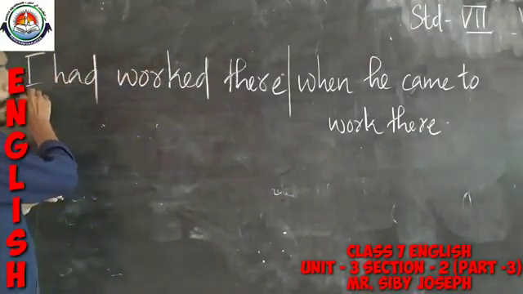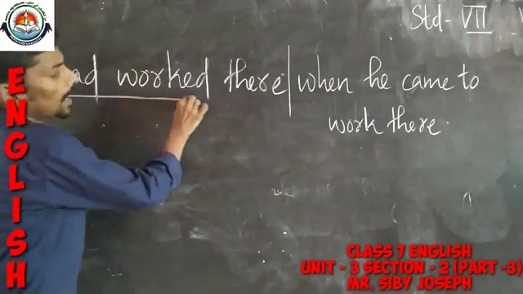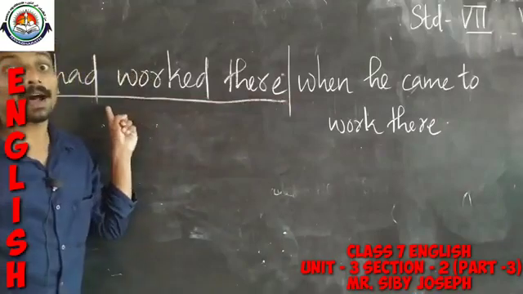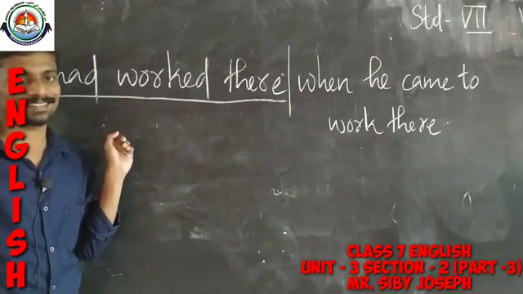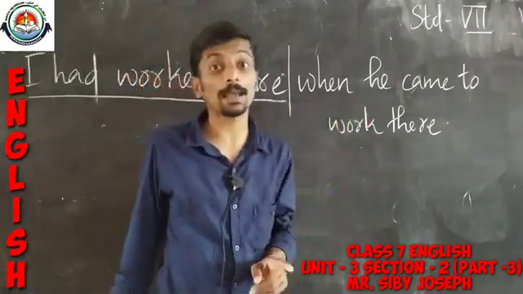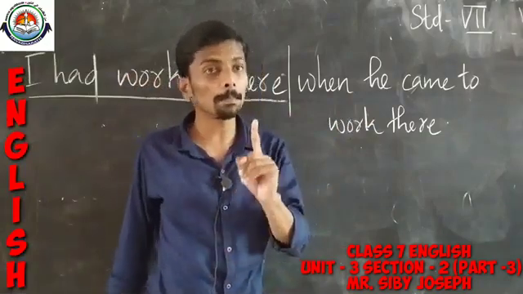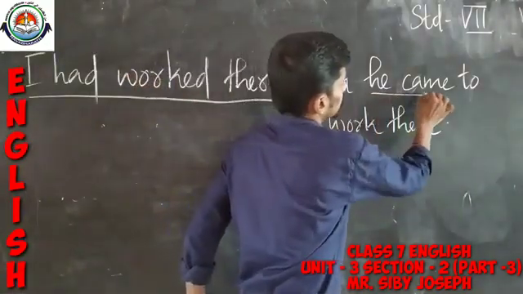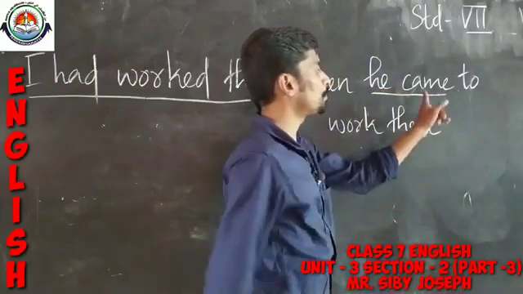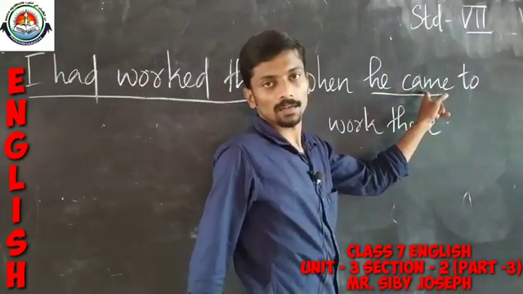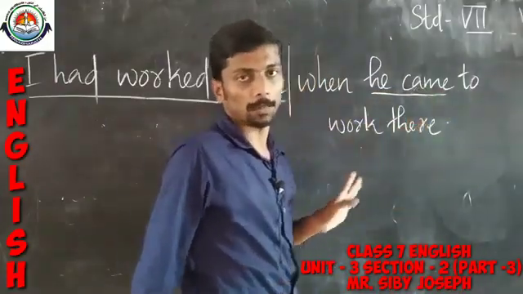The first portion is an example of past perfect, and the second is an example of simple past: he, or subject, plus the simple past form of the verb.